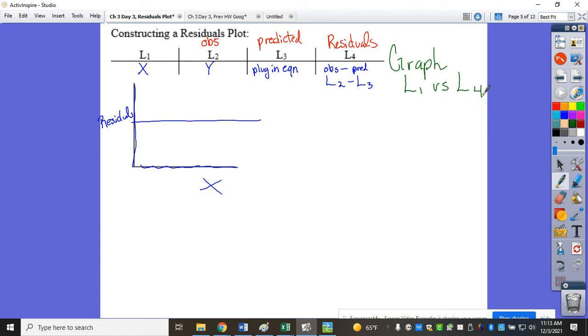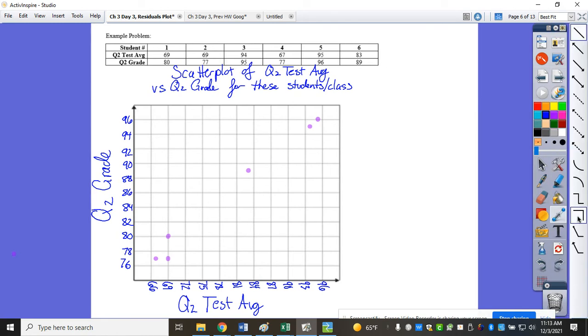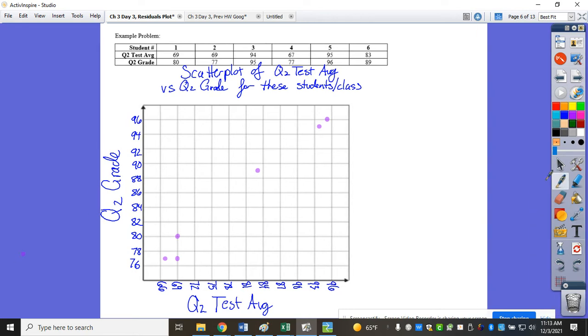Alright, so now we know how to get it, but I want to talk about what actually happens here. The basic idea of what actually happens is I have this line. So if I want to draw the line on my graph here, and I already have it stored as a function, you know how we have to plug in 2 numbers to figure out where a line's going to be?